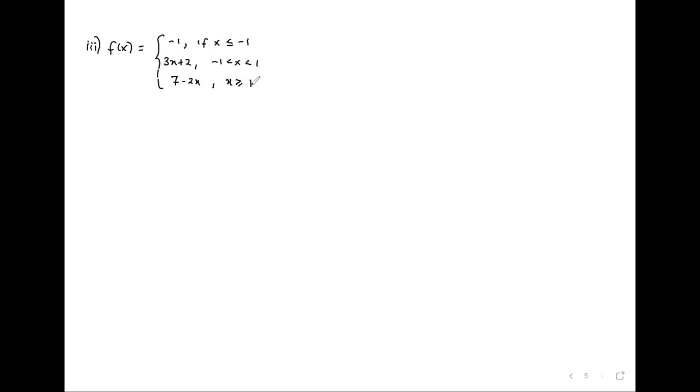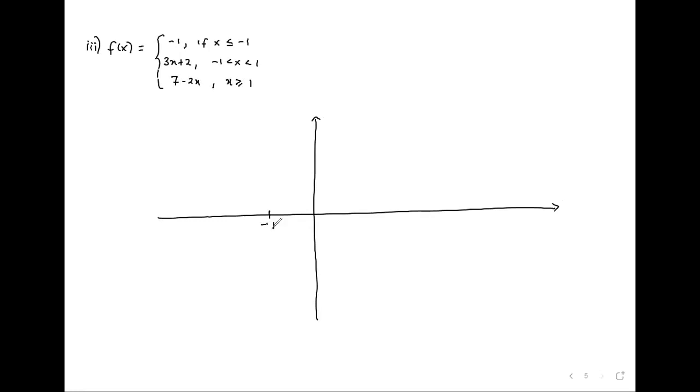Okay, so again, we have 3 functions here. Before -1, there's a function. In between -1 and 1, there's a function. And after 1, there's a function.